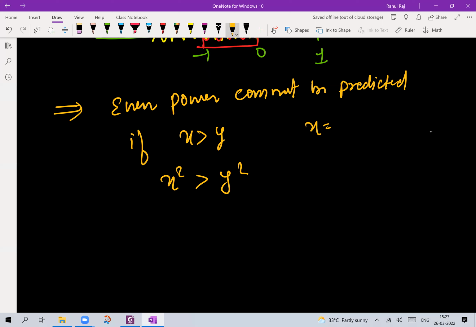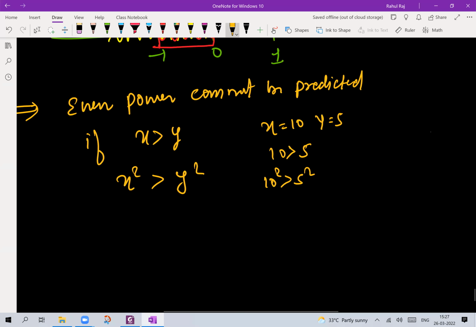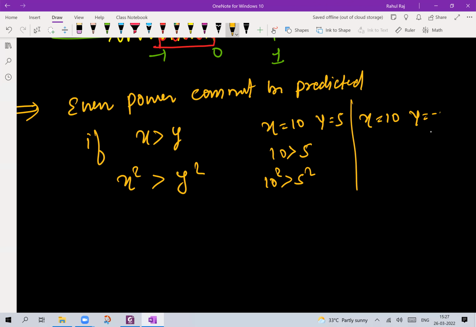Imagine if x is equal to 10, y is equal to 5. So 10 is greater than 5 and 10 square is greater than 5 square. But x can also be 10 and y can be -20. So 10 is greater than -20, but 10 square will not be greater than -20 square.